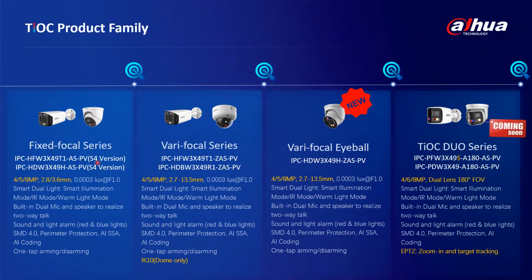Product version series 4 or S4. What we have here, HDW, is basically an IPC, but no longer a bullet; rather, it is an eyeball with the same properties as the first bullet. That is the WeSense 3 category and an undefined resolution type, which can be 4 megapixels, 5 megapixels, 8 megapixels, or 4K resolution, with an AI generation category, and the full function for this particular camera, that is full color.